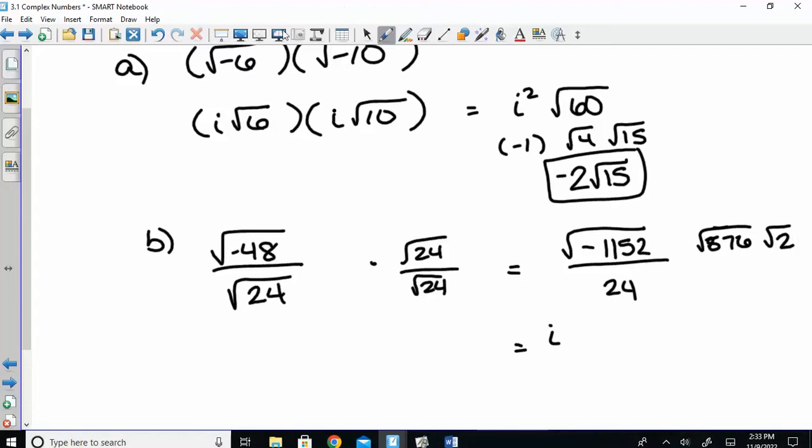So the square root of 576 is 24, so we get 24i radical 2 divided by 24.